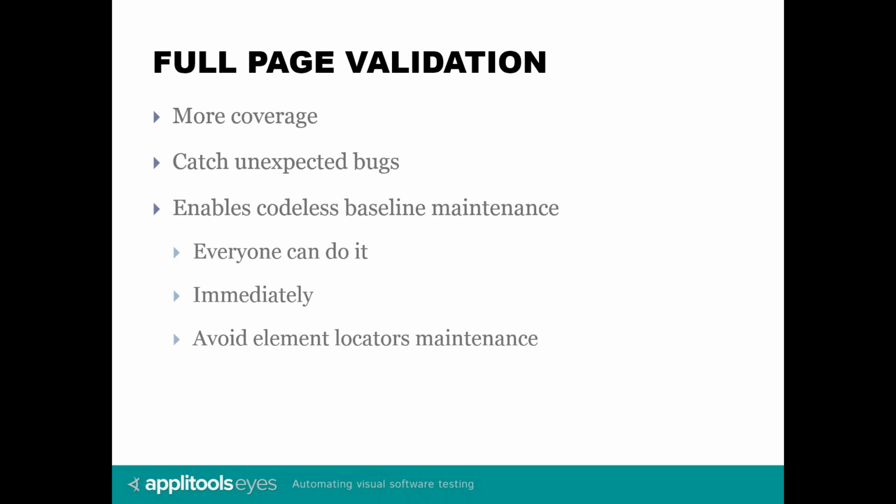The second thing is that it allows you to actually maintain your test without touching the code. It means that whenever you have a full page validation where something changes, everyone in your team that knows the application can do the maintenance. They can look at the images, see the difference and decide if they want to open up a bug or accept a new baseline.